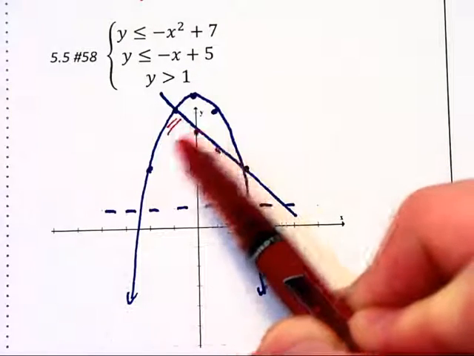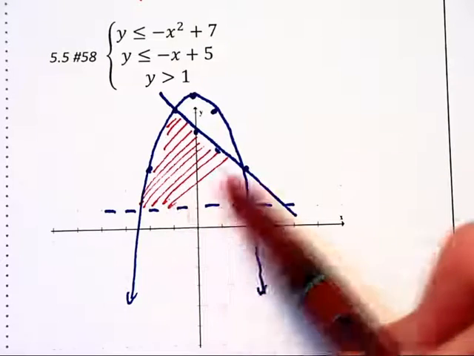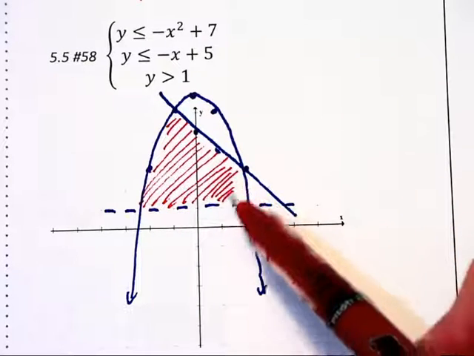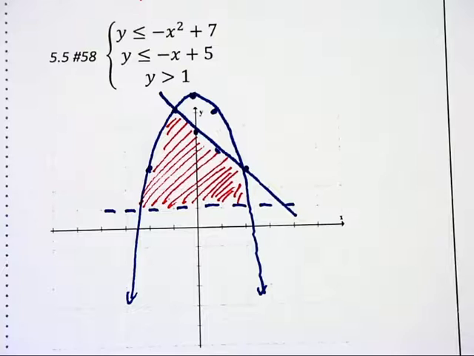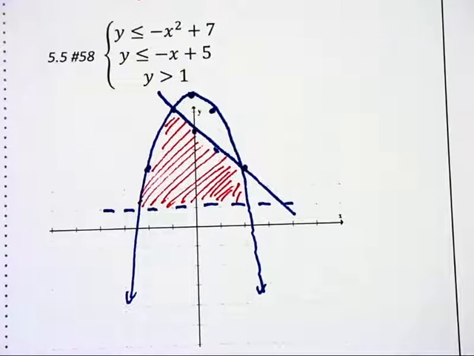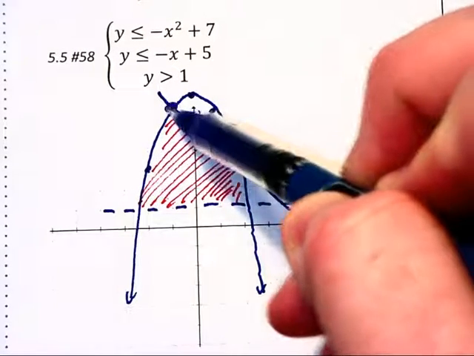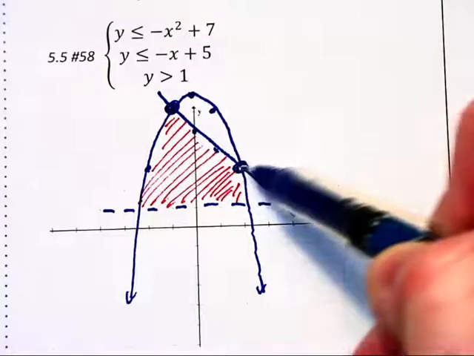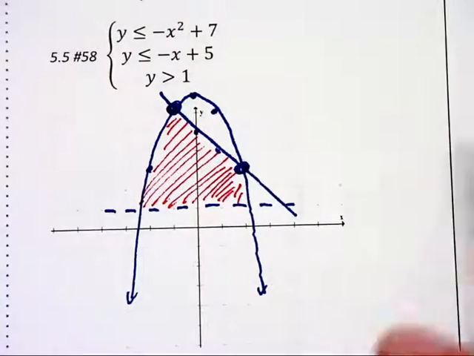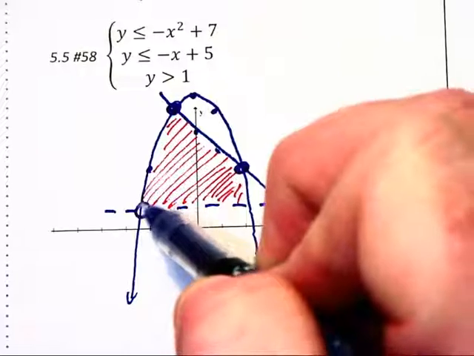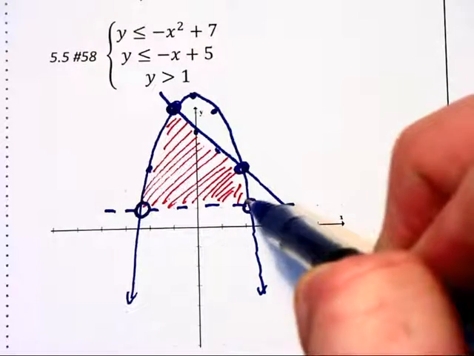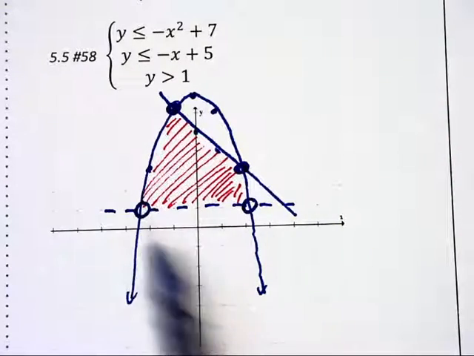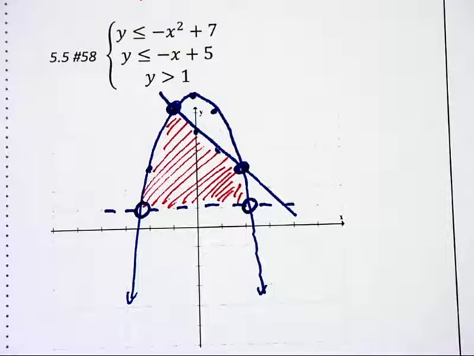The solution region is where I'm shading it here, below the line. However, we have to watch carefully with these intersection points. We do include the intersection points that are on the diagonal line, but we do not include, and so I'll highlight these open circles, we do not include those intersection points that are on the dashed line.